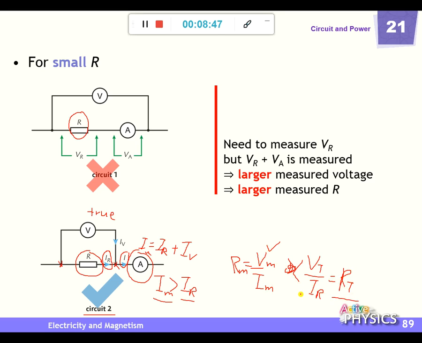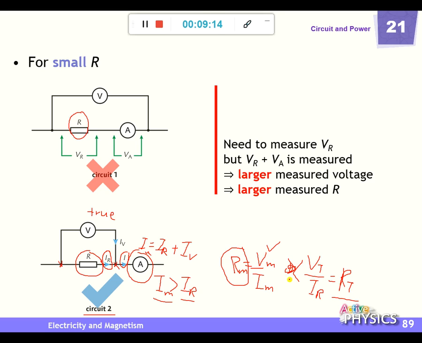The true value is greater than the measured value. Do you understand? So in this case, even if we use circuit 2, the answer is incorrect. After your calculation, your answer should be less than the true value.